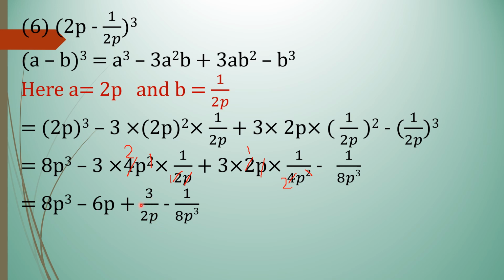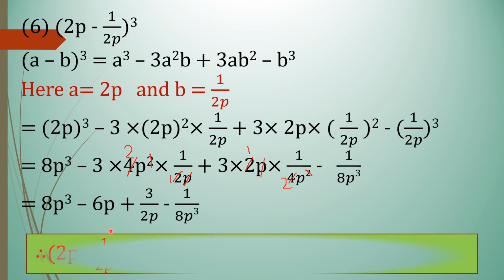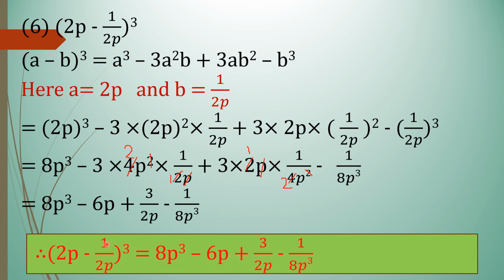So you'll get 3 upon 2p minus 1 upon 8p cube. So this is your answer for 2p minus 1 upon 2p the whole cube. So finally you'll write down, students, 2p minus 1 upon 2p the whole cube equal to 8p cube minus 6p plus 3 upon 2p minus 1 upon 8p cube.